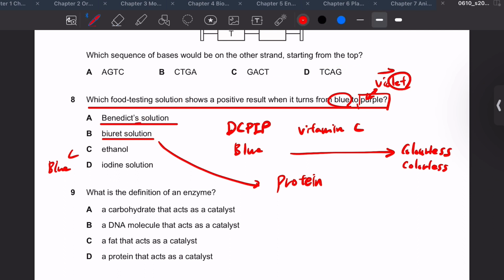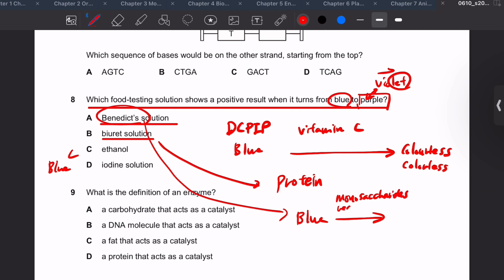The Benedict solution changes from blue to other colors depending on how much monosaccharides are there. So it tests the presence of monosaccharides or reducing sugars. They're the same things anyway. Or you can call them simple sugars.